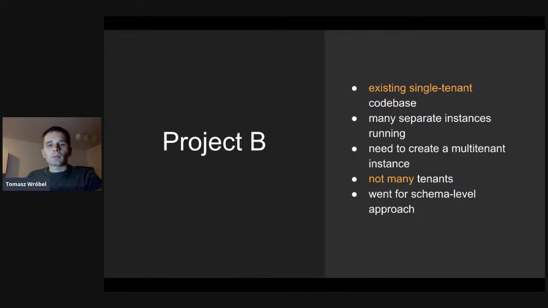We went for it as it made sense as a good stepping stone, a good intermediate step. It's not so easy to migrate an existing system to a row level approach, because you have to put the column everywhere, put the filters everywhere. I wouldn't like to do such a job, but the schema level approach is way easier to integrate into an existing solution.